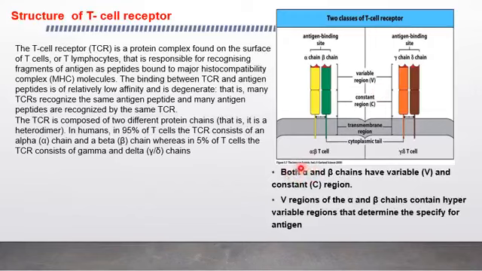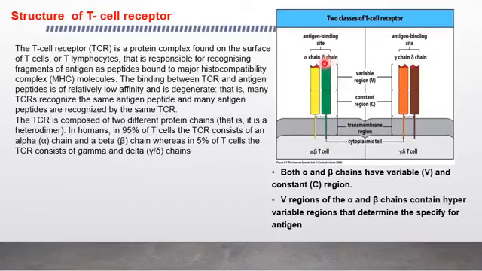Basically, here we have both the alpha and beta chains. These are called the transmembrane region, which is in the T cells. The gamma, alpha and beta chains of the T cell receptor have the cytoplasmic tail.